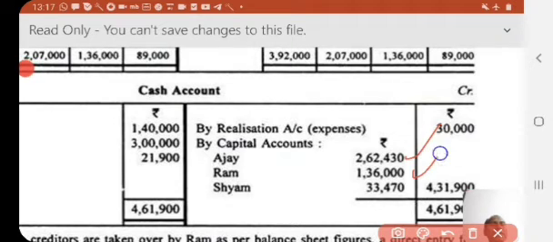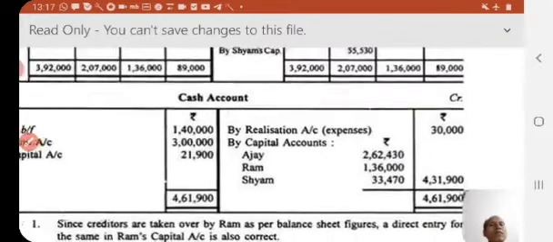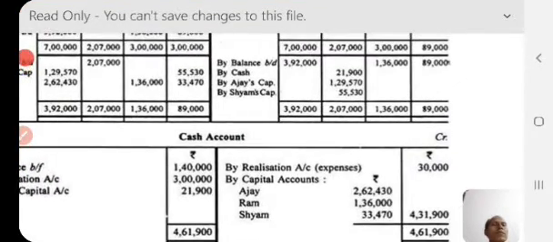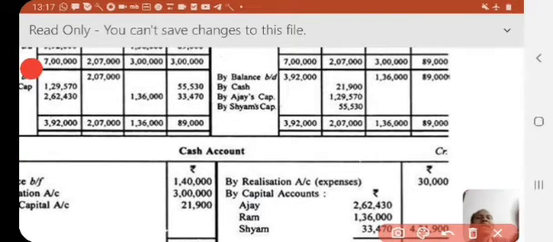This is paid. 2,62,000 is paid to Ajay. This is mentioned here.